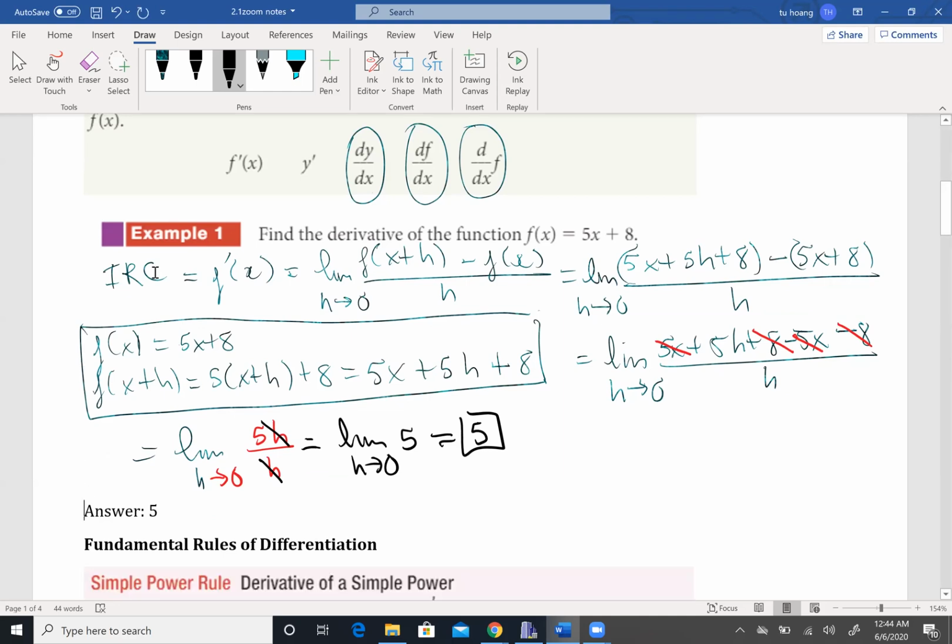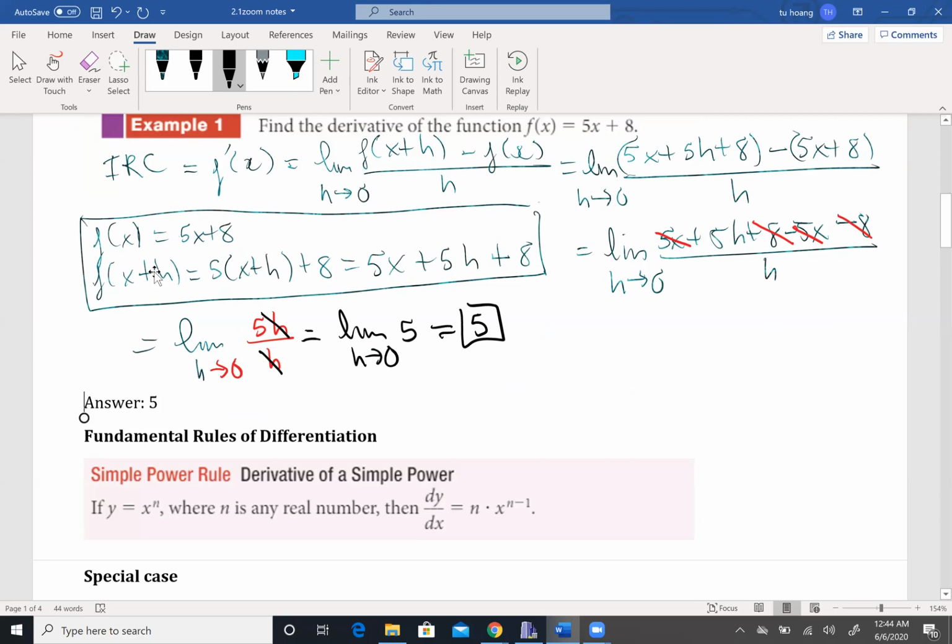So I will tell you why I can easily get the answer 5 for this problem instead of doing so many steps like this. That's the reason why we learn this section 2.1.